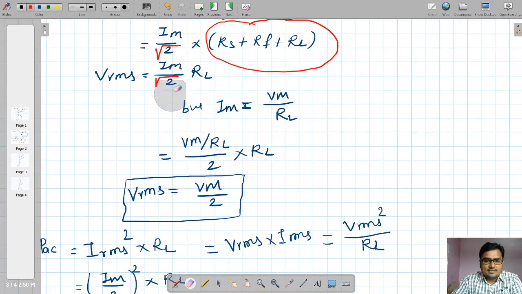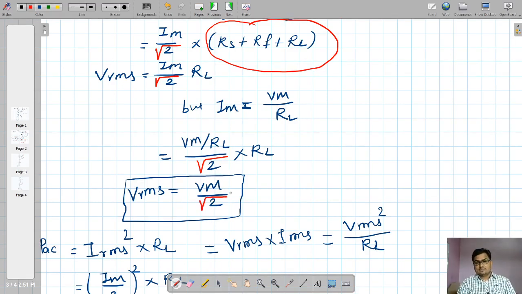I will write Im is equal to Vm divided by RL. So it will be Im divided by root 2 multiplied by RL. Put the value of Im equal to Vm by RL. So it will be Vm divided by RL, divided by root 2, multiplied by RL. Then this RL will get cancelled, and finally the remaining part is Vm divided by root 2.